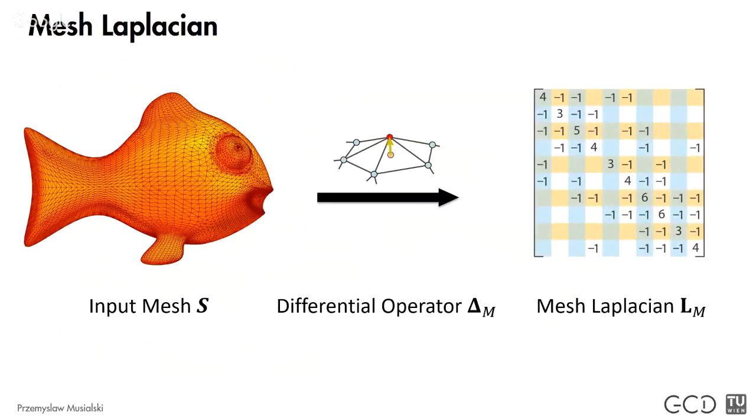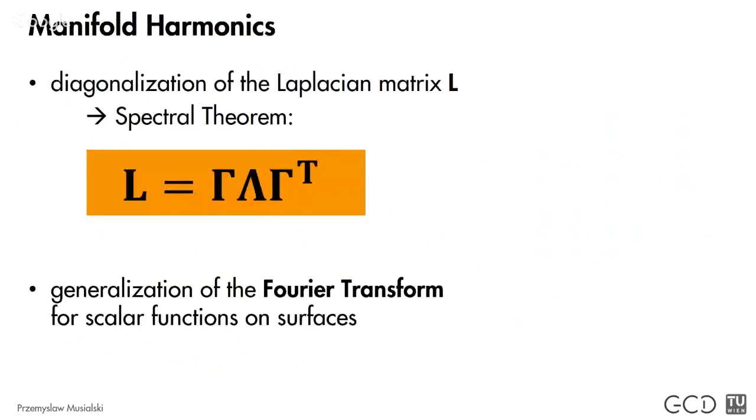The eigenvalue decomposition of this matrix gives us basically the so-called eigenfunctions, or the modes, the frequencies: the eigenvalues are the particular frequencies, and the eigenvectors are discrete eigenfunctions. This is some sort of generalization of the Fourier transform, and if you know spherical harmonics, this is a generalization of spherical harmonics to arbitrary shapes.